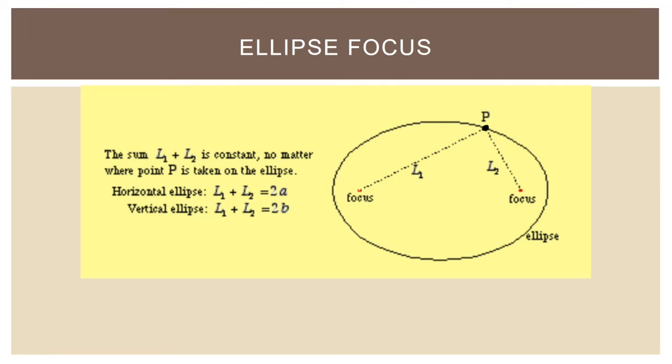So the plural of focus is foci. The foci are just the points where that is true. And so notice, if we do this from any point, like if we do it from over here, and I think this makes sense, because if we do it from point, let's just call this point Z, this line, which we'll call L3, is really, really super short, but then this line is much longer, such that L3 plus L4 is going to be equal to L1 plus L2.